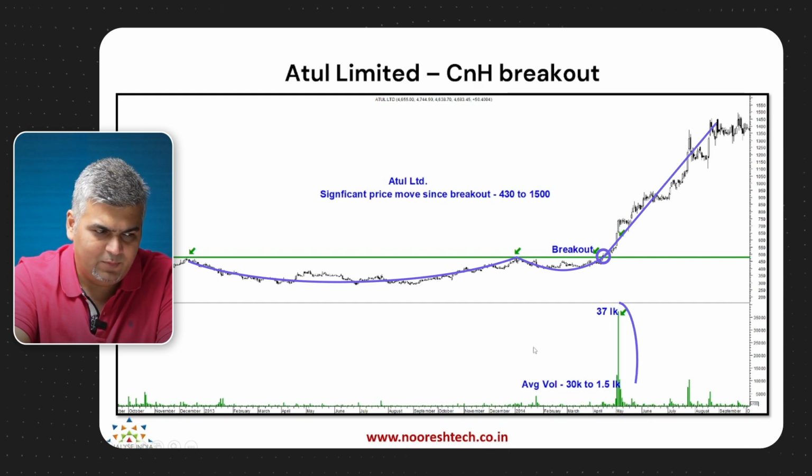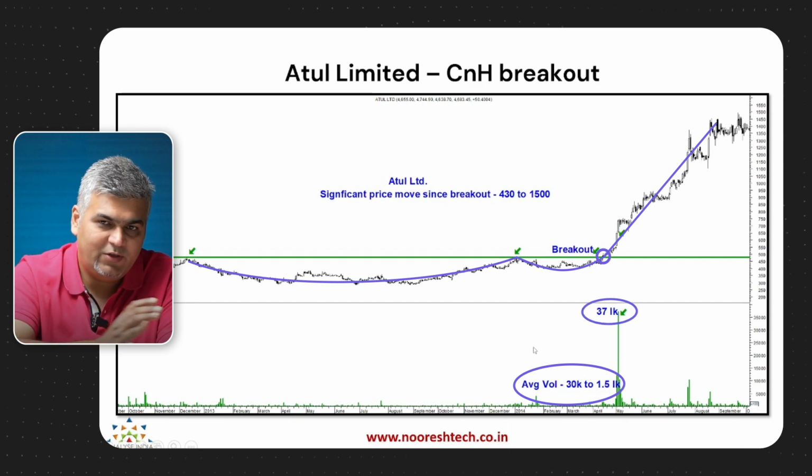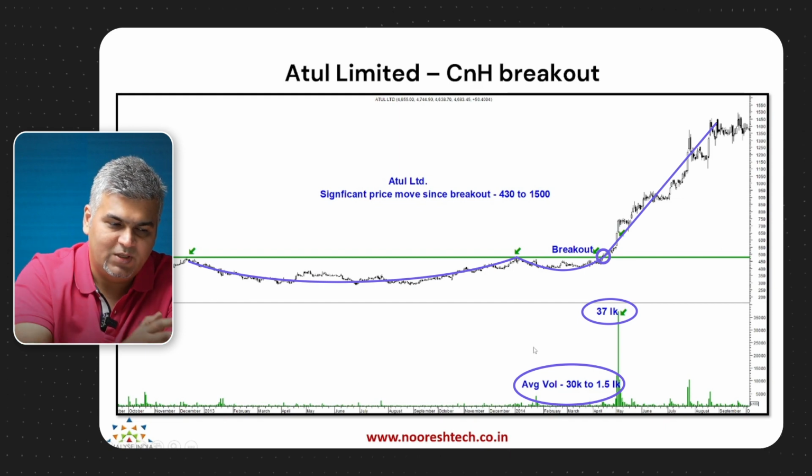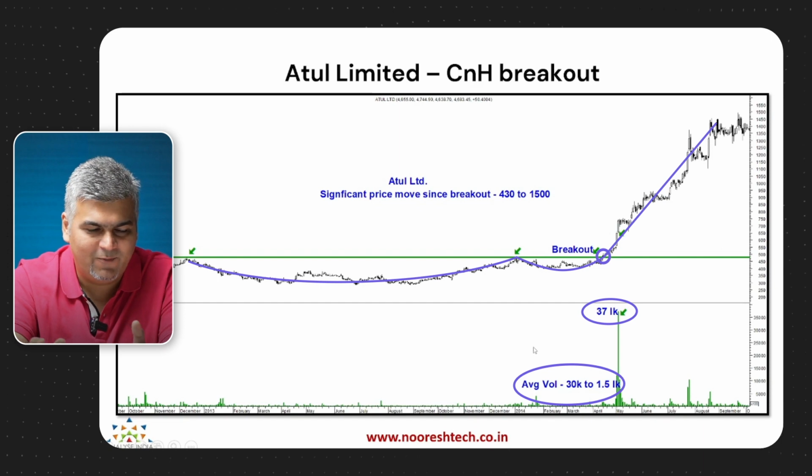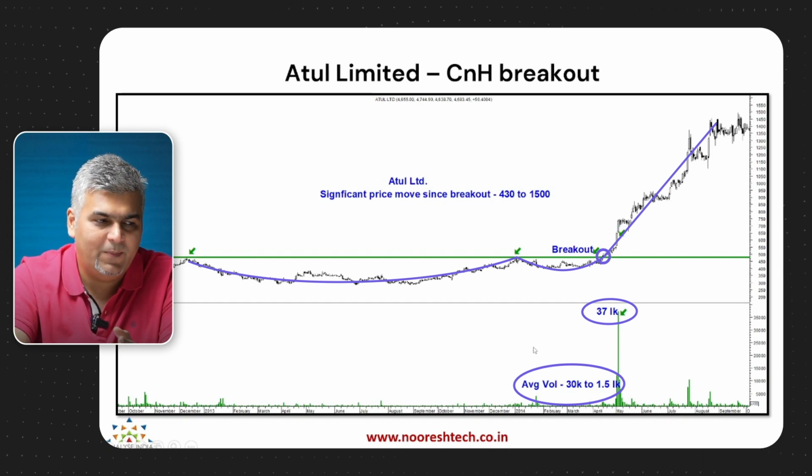Volumes initially improved, then went up crazily. In this case, the volumes went from 30,000 shares to 1.5 lakh shares to 37 lakh shares. That is huge in terms of the change. It used to be 30,000 shares, then became 1.5 lakh, roughly being the range, and then just blew up in a big way.